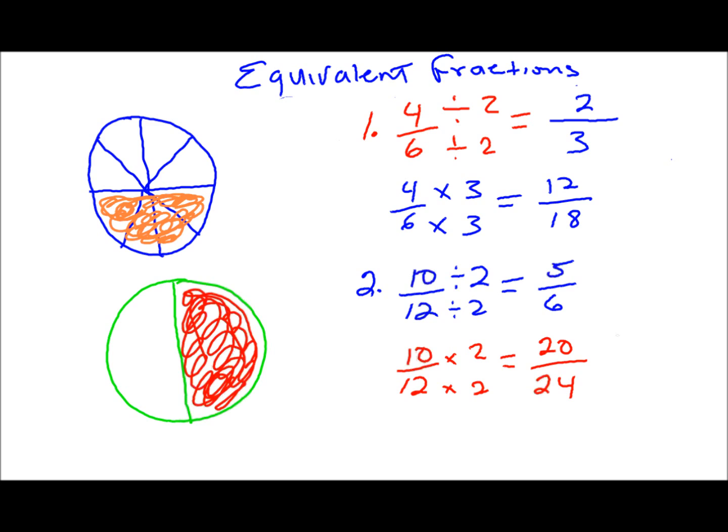And again, they are equivalent. 10/12, 5/6, and 20/24 are equivalent fractions, as long as you remember that what you multiply both by or divide both by, the denominator and numerator, if you divide by the same number or multiply by the same number, you're going to get an equivalence.